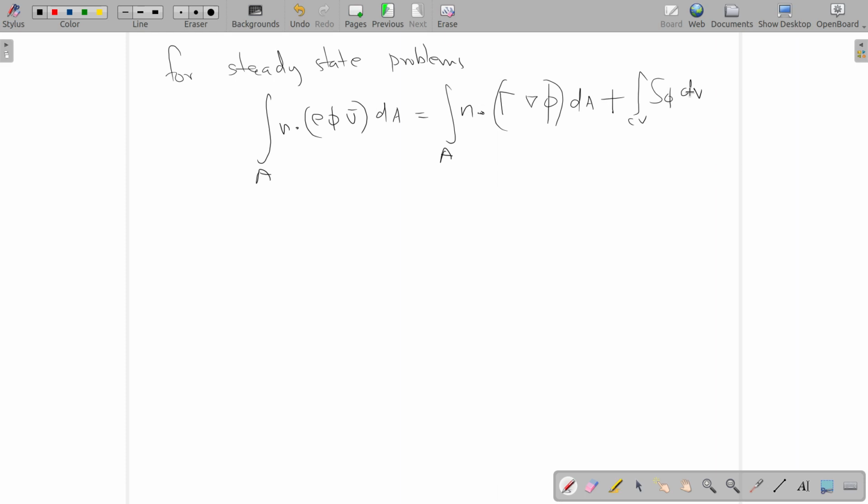So this is the equation for steady state problems.